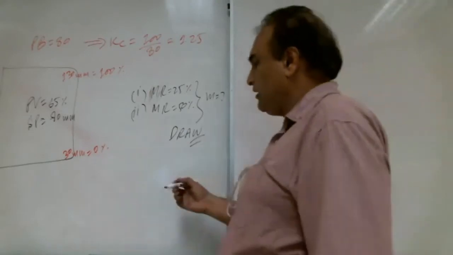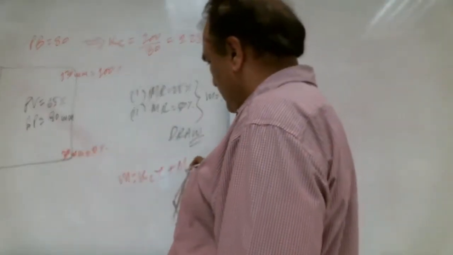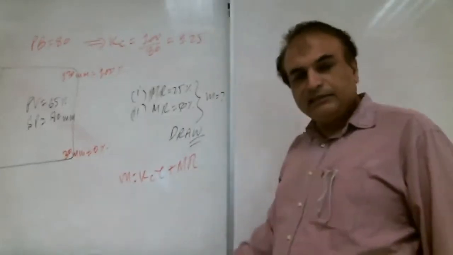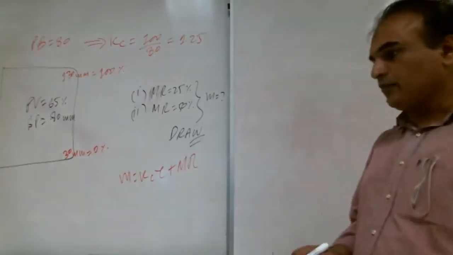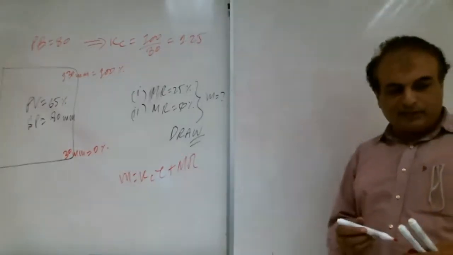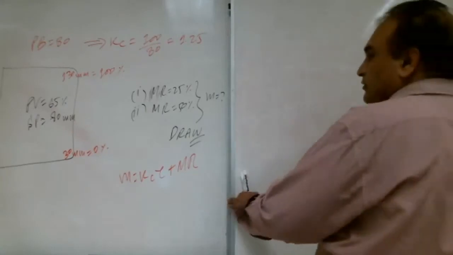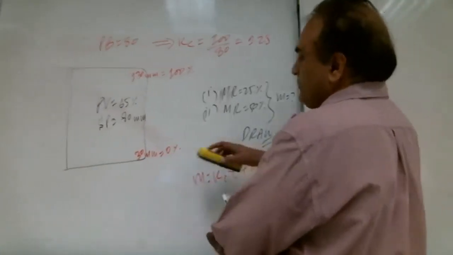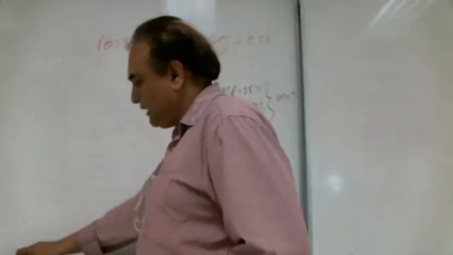In the formula M is equal to Kc E plus MR, error should be in percentage. So you convert this one in percentage. Okay, how do we convert in percentage, Shabab? By two-line method.